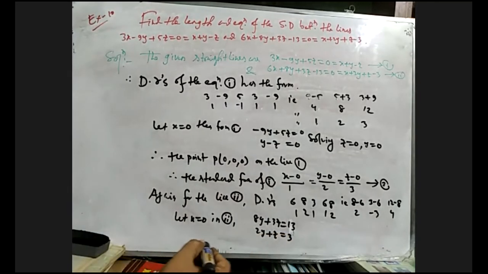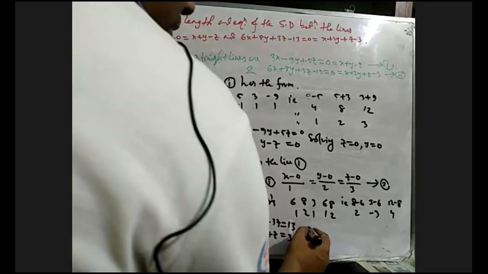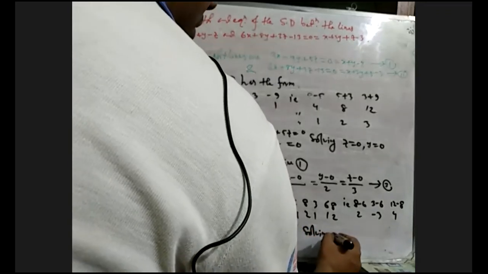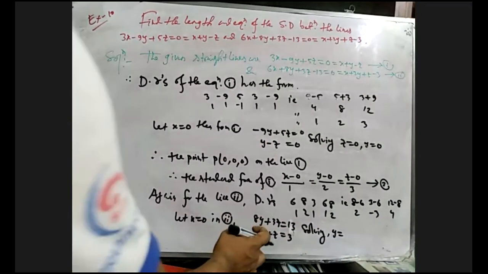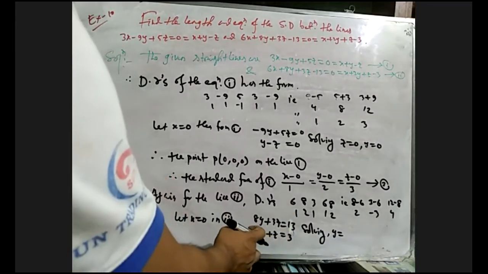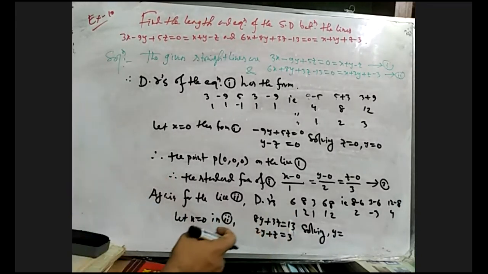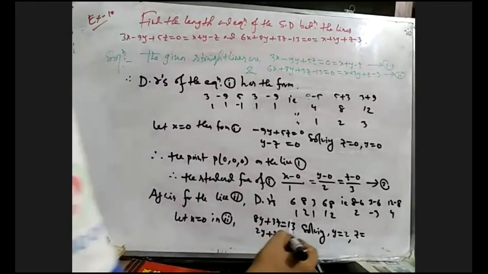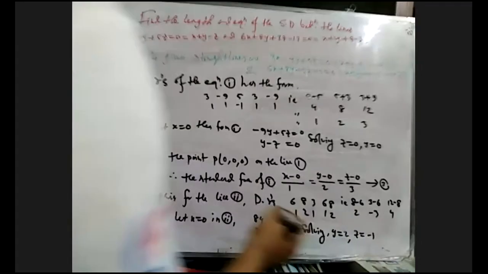Now solving this, multiplying 3 by this, then subtracting, z will be cut. So 8y minus 6y, only 2y. So y equals 2, and z equals -1.